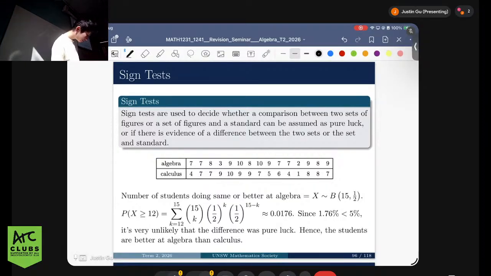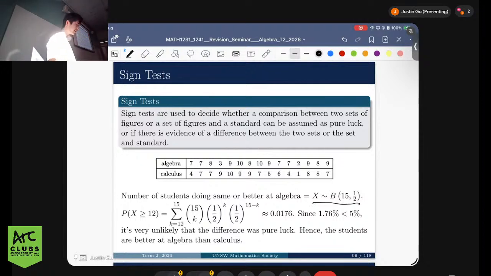First of all, we assume that no, there's no difference. There's a half chance that they do better at calculus, half chance they do better at algebra. And from here, we see that 12 students are doing the same or better at algebra than at calculus. So we want to look at the probability of that happening or better.